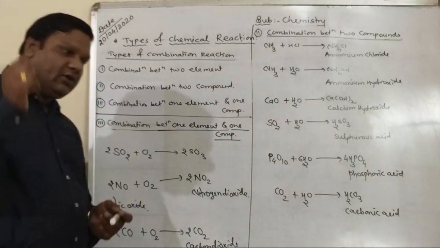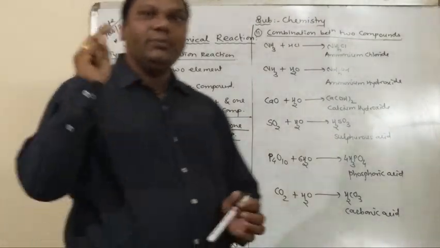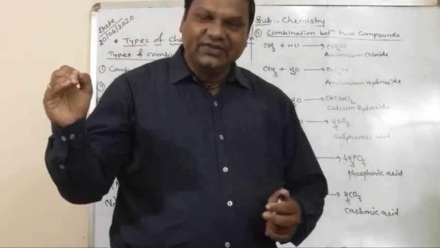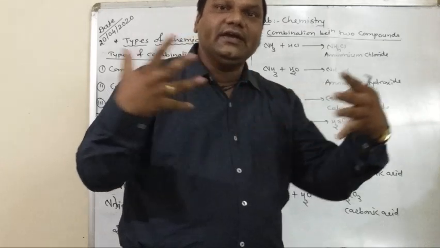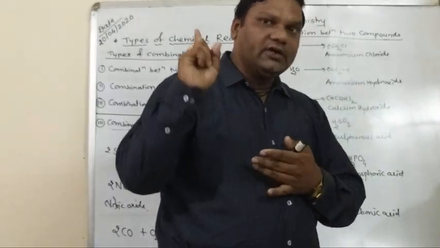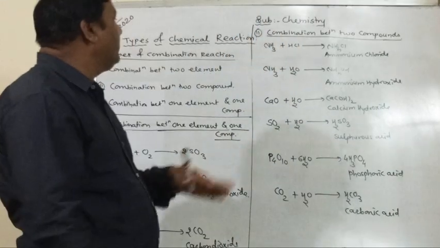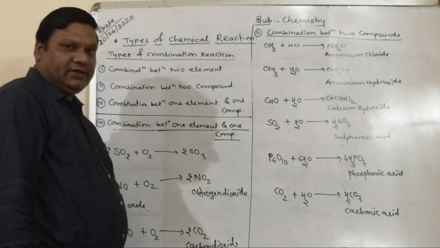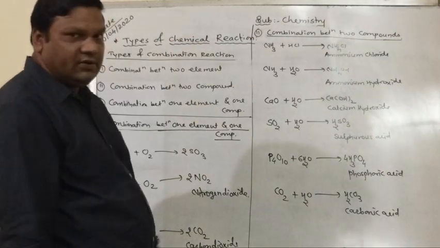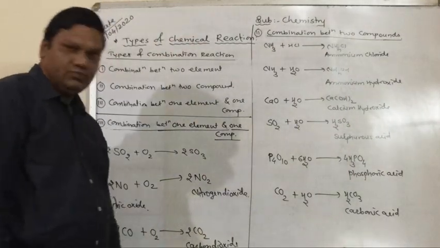Again I repeat, a combination reaction means two or more substances on the reactant side combine with each other, and you will get only one product, that is a single product. Understood? So please note down these reactions.